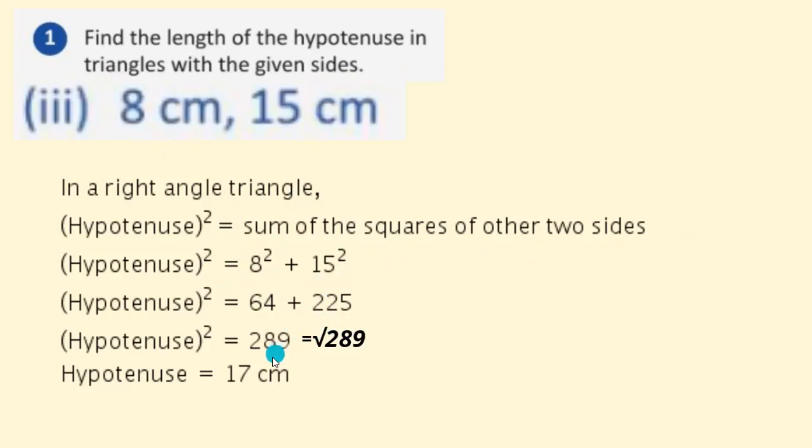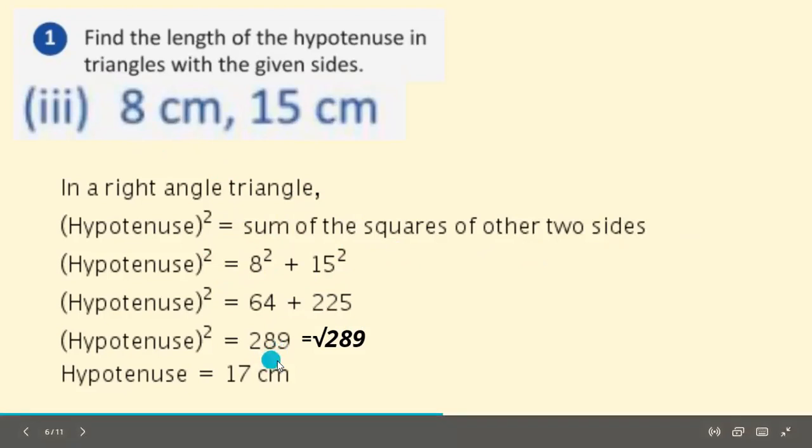When we add, the answer is 289. 289 can be written as 17 into 17. To cancel the square, I take the square root on both sides, so the hypotenuse will be 17 centimeters.